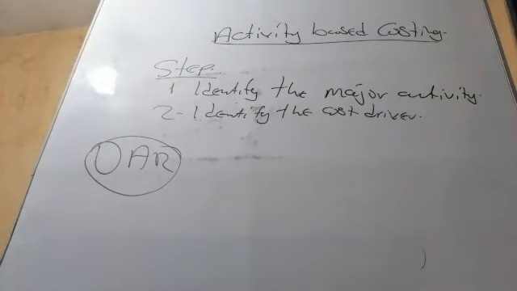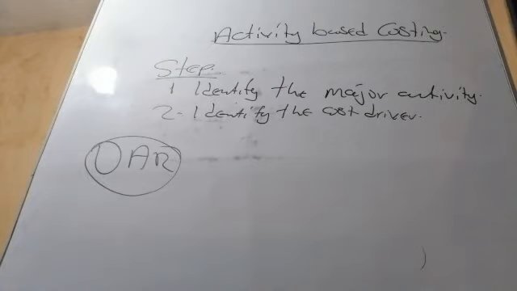If you talk about machine running costs, then it will be machine hours. If we talk about labor cost or indirect labor, then you're going to use labor hours. So that is the basis, or that's the driver. We call it the cost driver: the one that brings the cost, the one that drives and moves the cost.